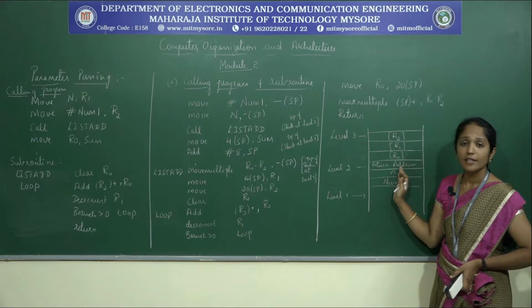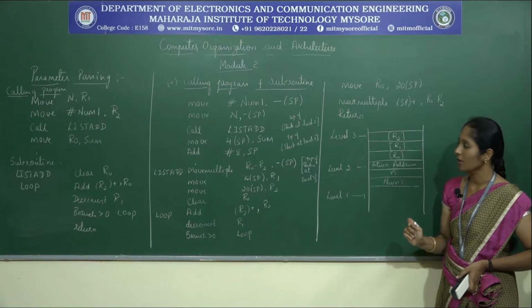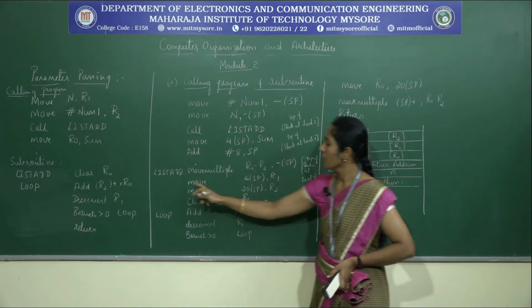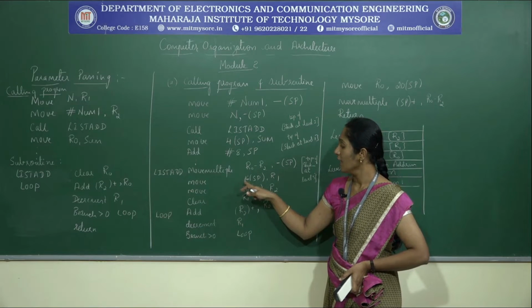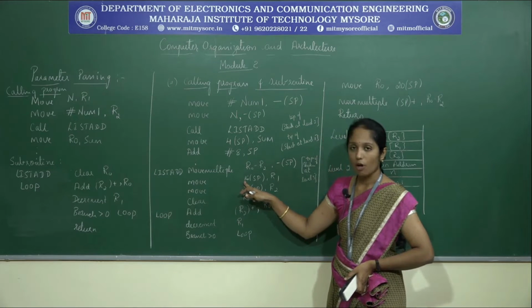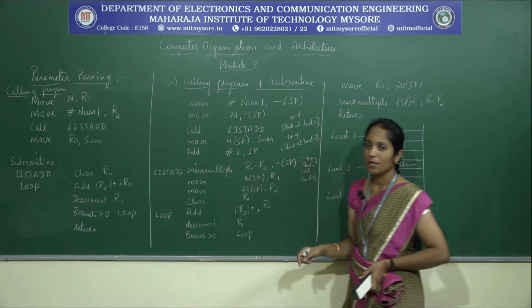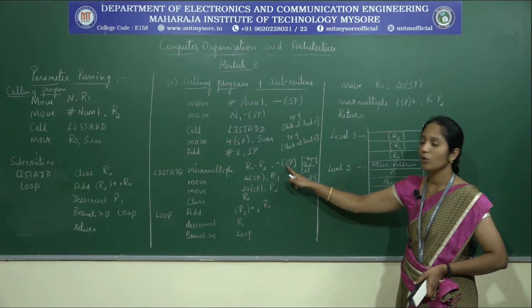Now let us see what the other instructions are and how these memory locations will be updated according to the instructions we have written. In this case, observe move 16(SP): we are using index addressing mode. We have used 16 as the offset, so 16 of SP. Now where is the SP value?